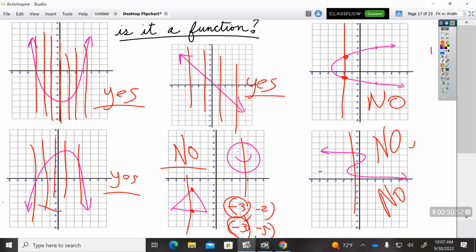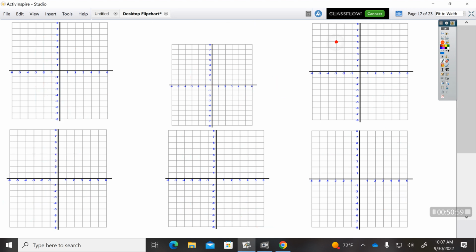So this is a quick click through Excel. You can get through the whole thing. Now, what if you have dots? Is that a function? Yes, because it never goes through 2 dots at a time. Is this a function? Why? Because those two touch on a vertical line.